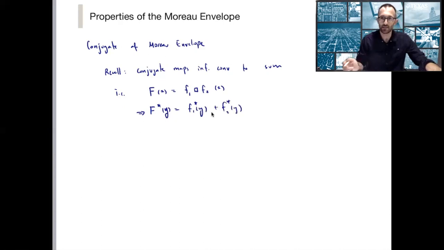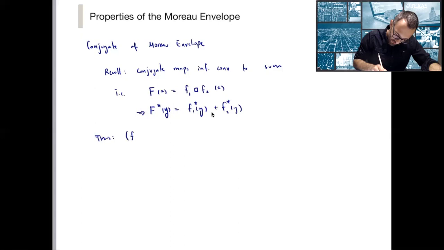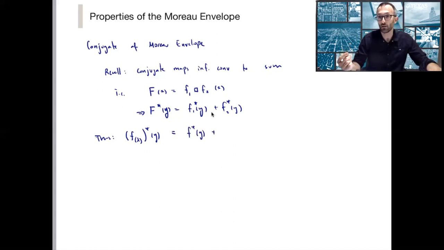And so for us, this means that the conjugate of the Moreau envelope, or f lambda, its conjugate, is equal to f star of y plus whatever the conjugate is of the 2 norm.